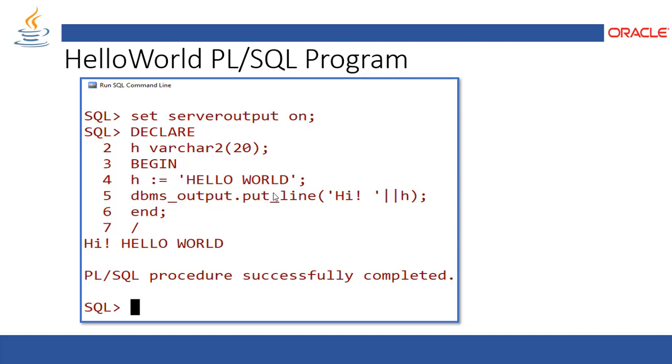This is completely a procedural statement. I'm not accessing any table and not using any SQL statement. These are only procedural statements, so this will go to the PL SQL engine, execute at once, and print hello world, read from the H string variable. Then: PL SQL procedure successfully completed.